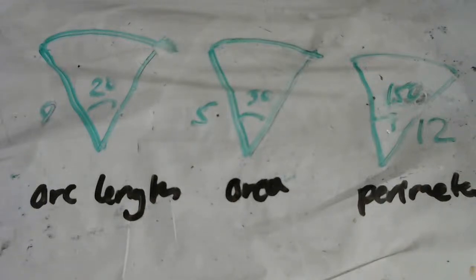All you've got to do is just add the 2 radiuses to your arc length. 12.60.